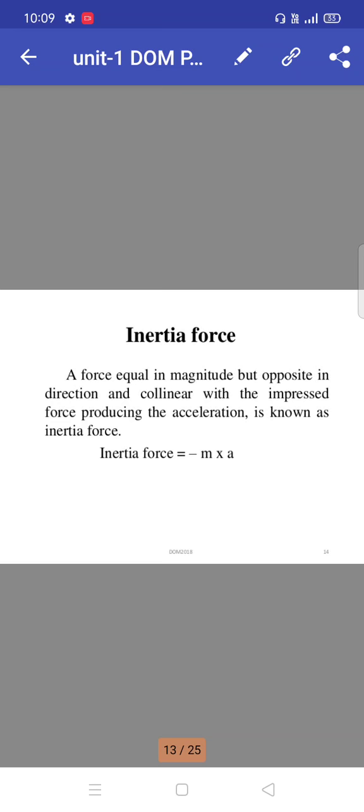Likewise, we have to add some mass. That's why we call it F is equal to ma. Here inertia force is, as we studied earlier, the negative or reactive force. Whatever force we are applying, it will react immediately. So inertia force is equal to minus ma.